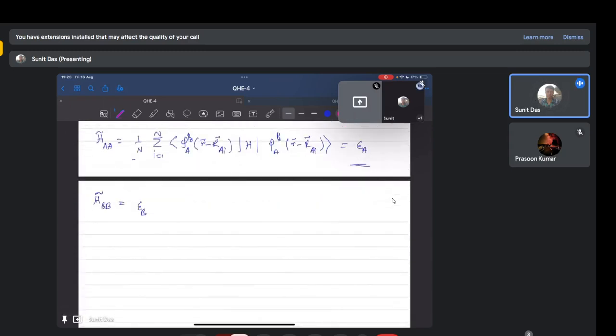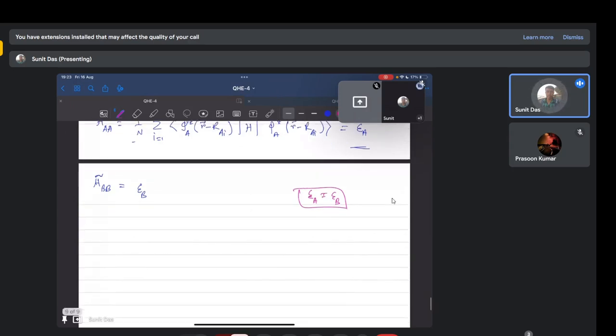But since the orbitals are essentially pz, and both are carbon atoms at positions A and B, we often assume that epsilon A is simply equal to epsilon B. So the on-site energies for the A type and B type carbon atoms are the same. Okay, but it is not general, by the way.